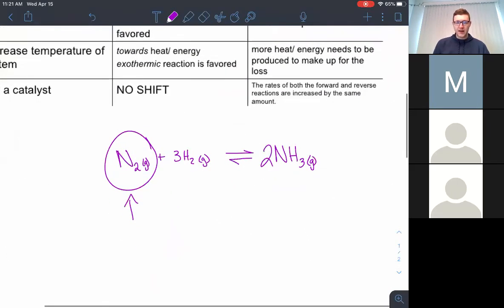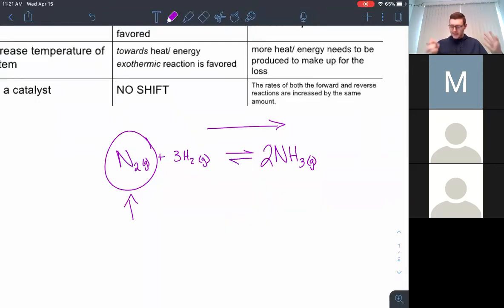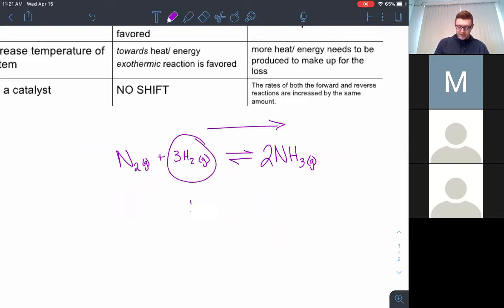So if I change the amount of N2 or nitrogen that I have, I'm going to push my reaction to favor my product side. Because it wants to use up that nitrogen. The same thing goes for hydrogen, right? If I changed the amount of hydrogen that I had, so if I increase this one, it's going to push that reaction towards the product side because it wants to use up that hydrogen to keep that equilibrium constant the same, to balance out the equilibrium constant.